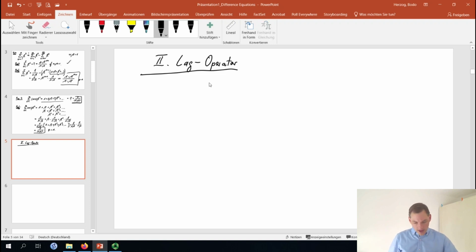So again, we have a difference equation. Let's call it in a simple framework. My phi term is 1, so we have x_t equal to x_{t-1}, and there is no constant term. It's just this equation. That would be a first order difference equation.